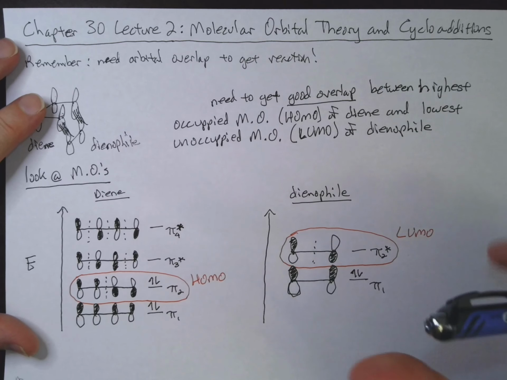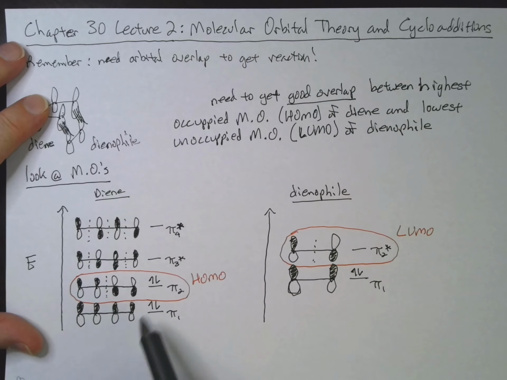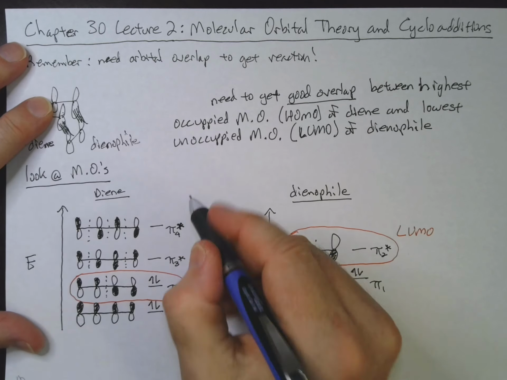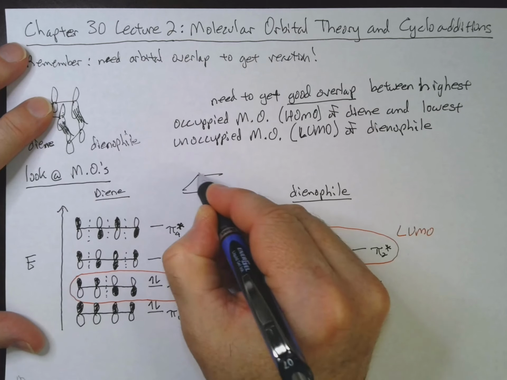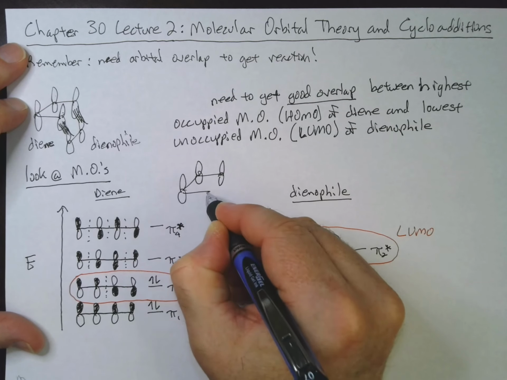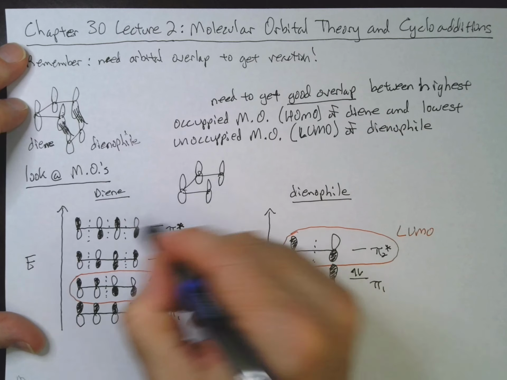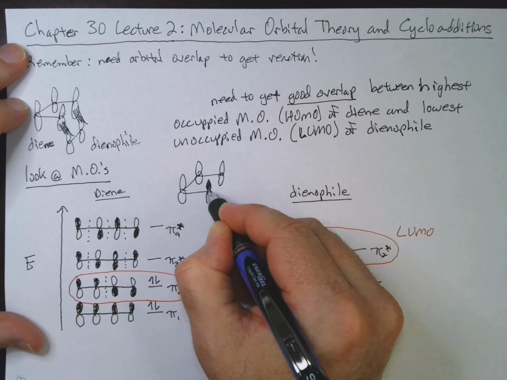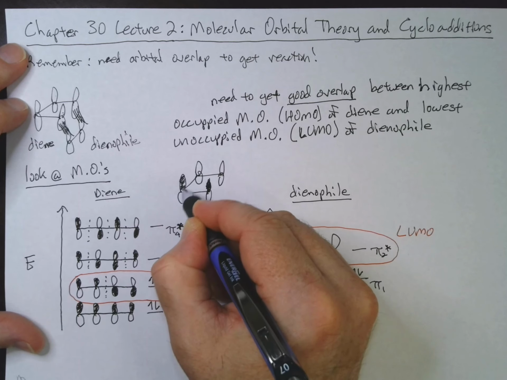Okay. So I can take a look at this and say, here's my HOMO, the highest occupied molecular orbital of my diene. If I draw it like I drew this guy here, I'm going to color these in, and I've got that's shaded and that's shaded.